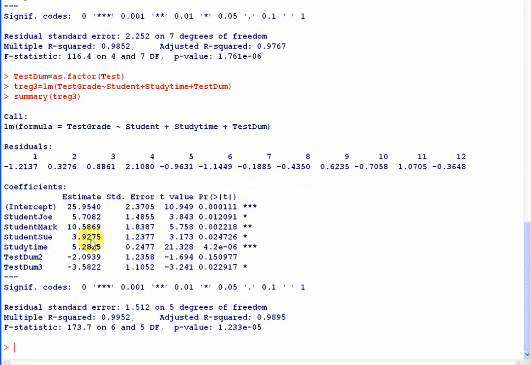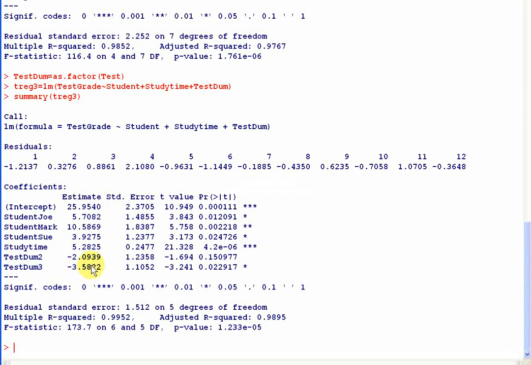Study time, the estimate is closer to 5 points per hour. And test 2 looks like it was about 2 points harder than test 1. And test 3 looks like it was 3.5 or 4 points harder than test 1 was, because these dummy variables will compare back to test 1.